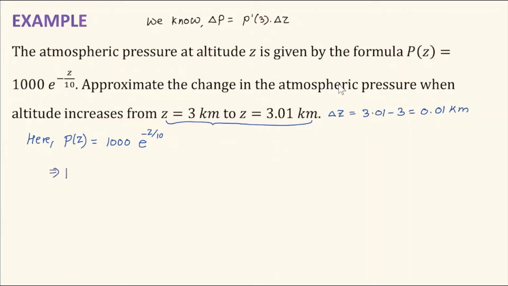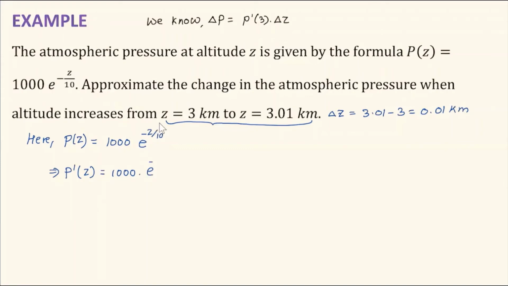If you want to find the derivative, then it will be P prime z, the derivative of the pressure function. 1000 is a constant multiplier, so it will stay right there: 1000 multiplied by e raised to negative z over 10. This is a composite function. Your outside function is e and inside function is negative z over 10. The derivative of the outside function first: e raised to anything is e raised to that.